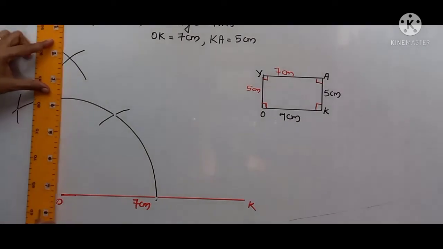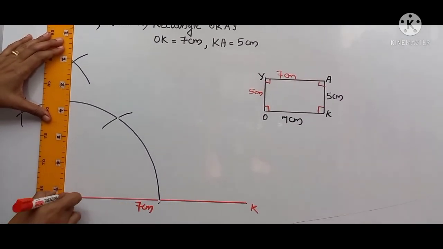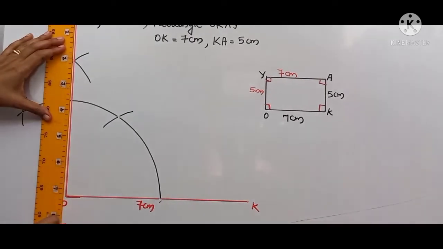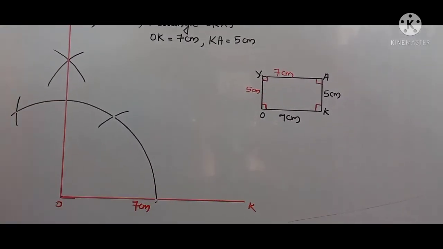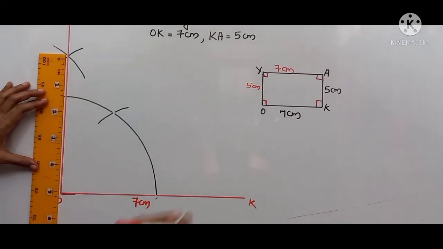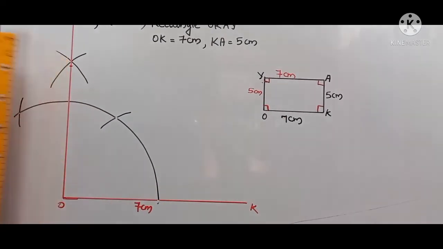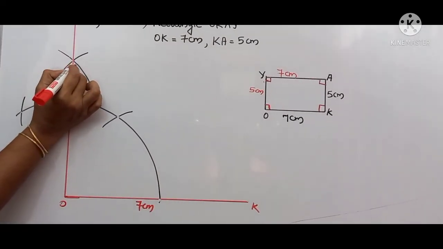This is the 90 degree angle. We can join it now with the point O. And we have to take that 5 centimeter here for finding the point Y. So this is the point 5 centimeter away from O, and we can mark it as Y.